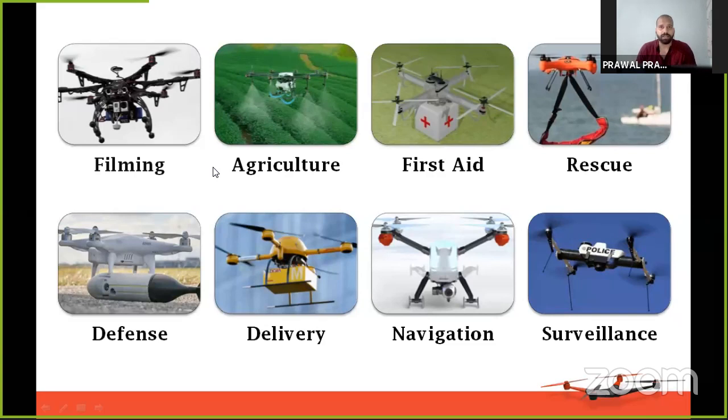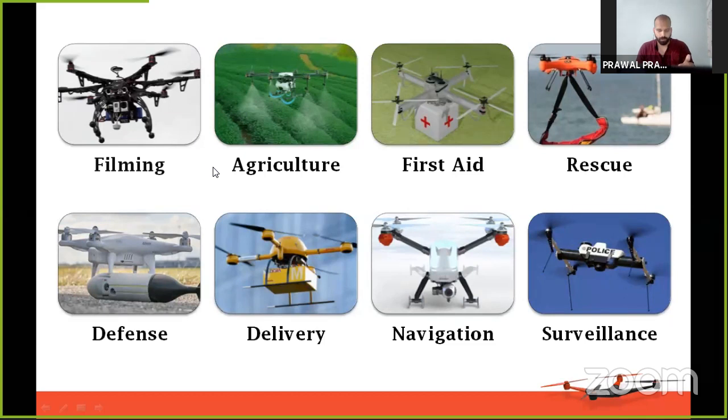Like in first aid, there are air ambulances. So how do air ambulances work? If an ambulance is stuck in traffic, and there is an accident, and the ambulance wants to go over there, what they do is send a drone with a camera. The drone reaches over there. The drone has a first aid box, with enough accessories in it required to counter that situation.